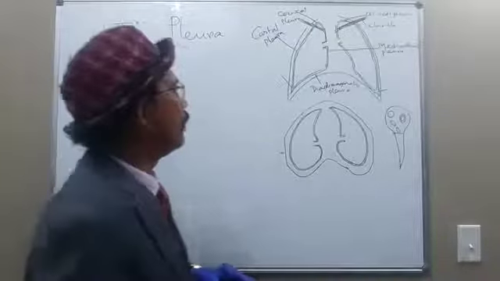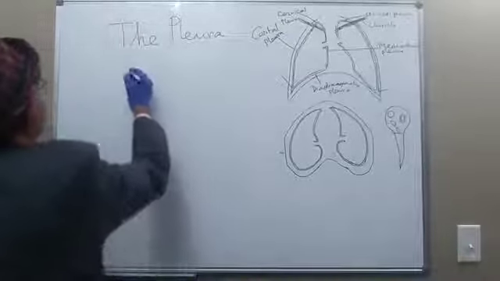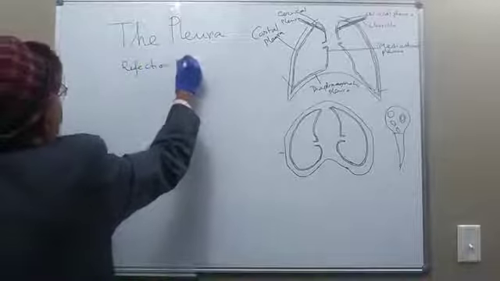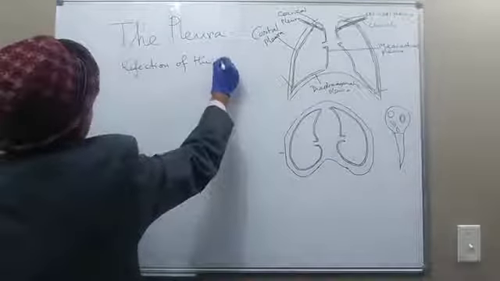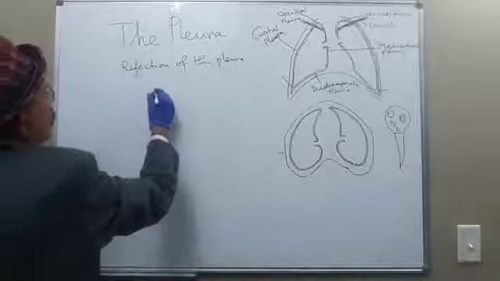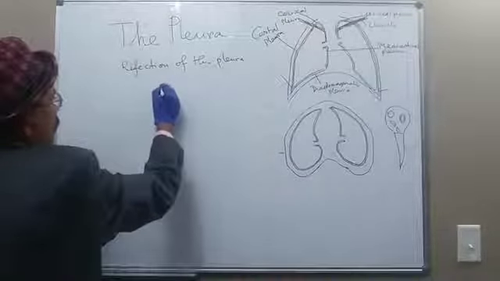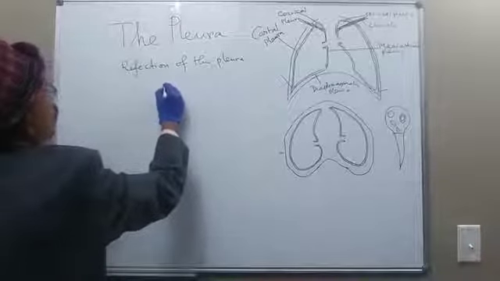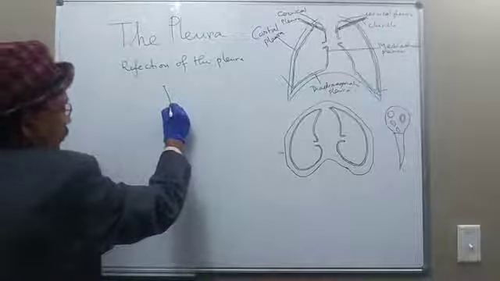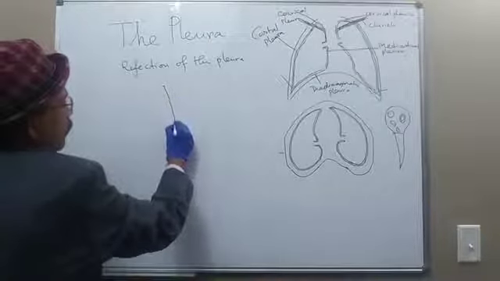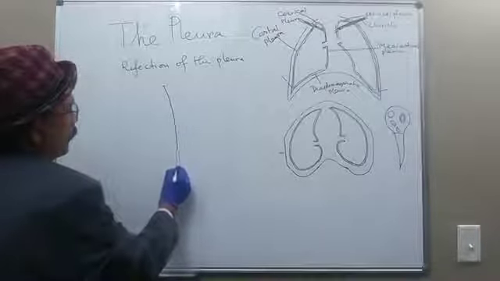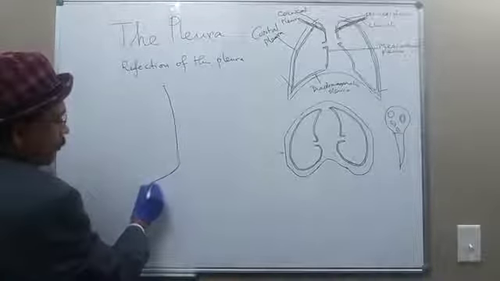Now we have to know the reflection of the pleura, the parietal pleura. From the first costal cartilage area, it goes to the sternal angle, the fourth costal cartilage, to the xiphoid process, following the costal margin.